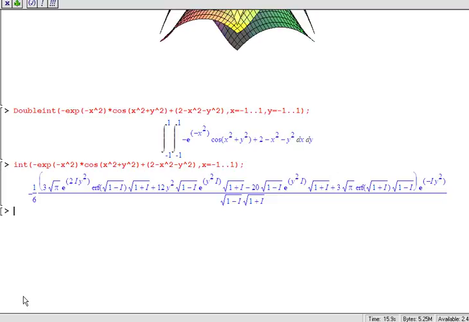Takes a while to do that. Okay, you get this big mess with complex numbers. Then I'm going to integrate the above expression with respect to y.